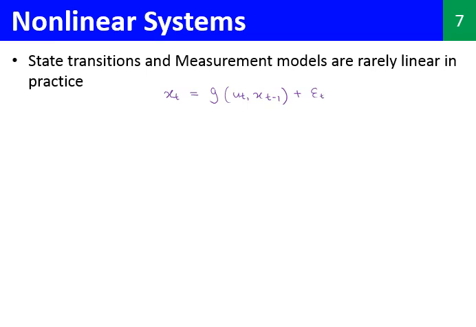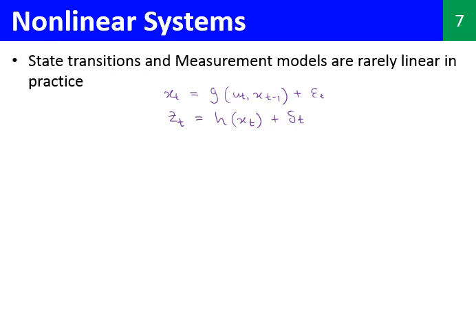And for the measurement model, we would have z_t equals h(x_t) plus delta_t, again zero mean Gaussian noise. Okay.